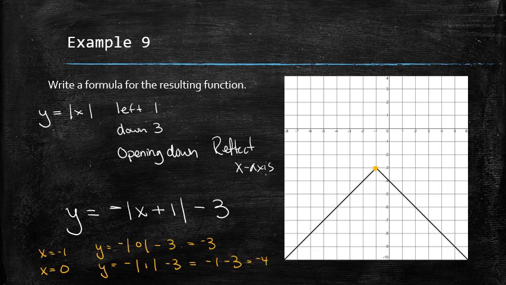So we end up with negative 4, which is good because that's where we want it to be. It is a good idea to check at least 2 points. 3 points would be even better, but I'm out of room, so I'll just do 2 points. If you made a mistake, sometimes 1 point would still work out, but that's why it's good to check at least 2. So there's the formula that leads to the given graph.